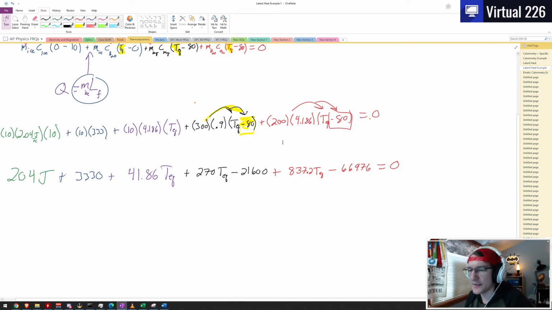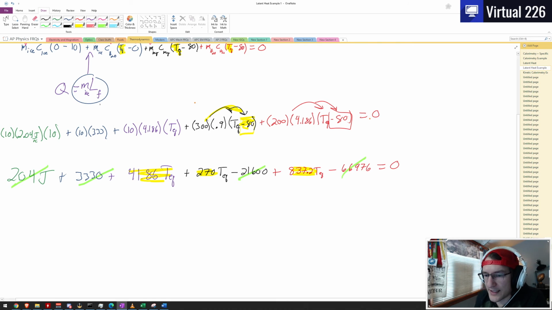So this is a little big, but all the TEQ values are like terms, so we can just shove them all together. And then all the things that are just numbers here with the green lines through them, I can just plug all those together. Algebraically this isn't that hard. So 204 plus 3330 minus 21,600 minus 66,976.